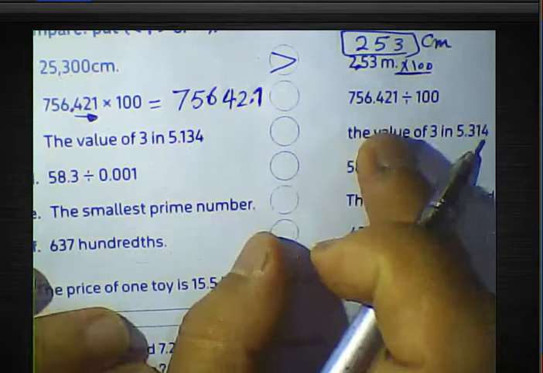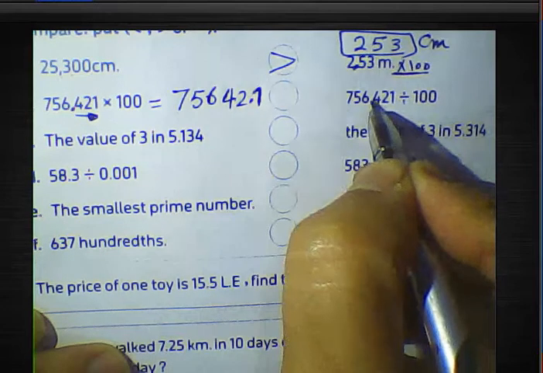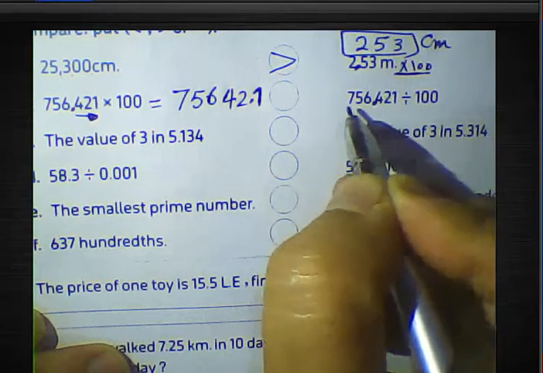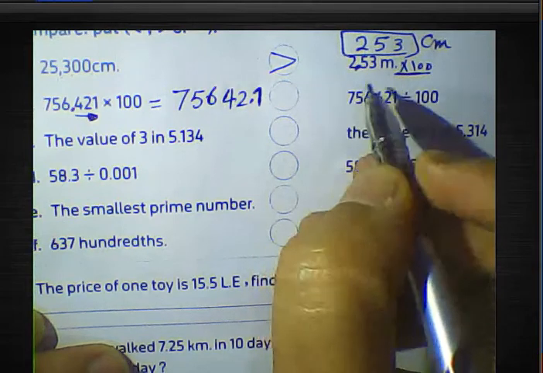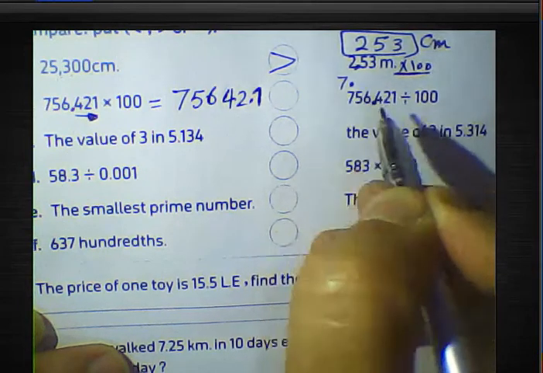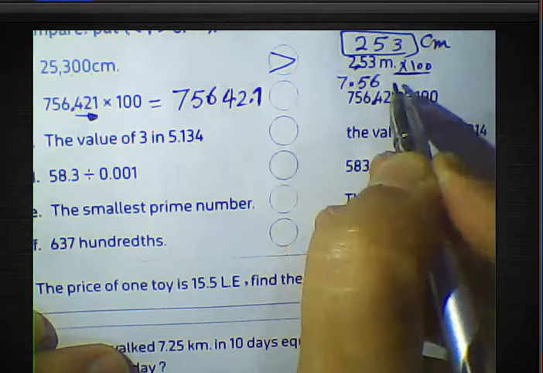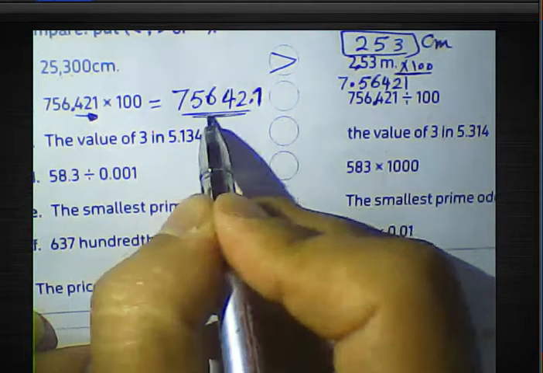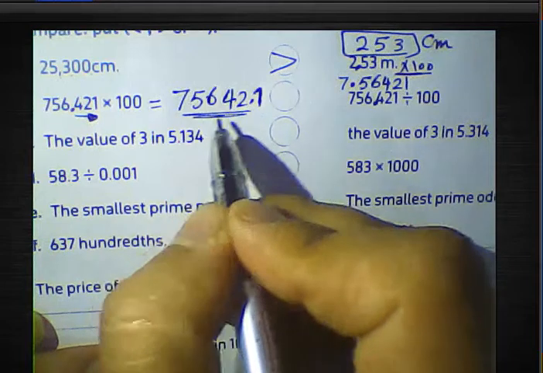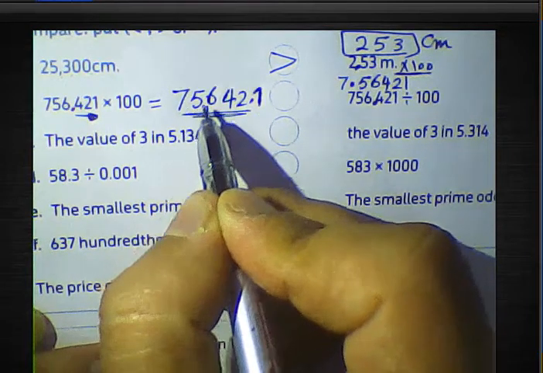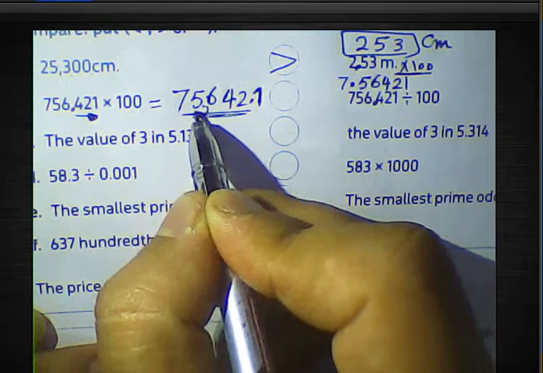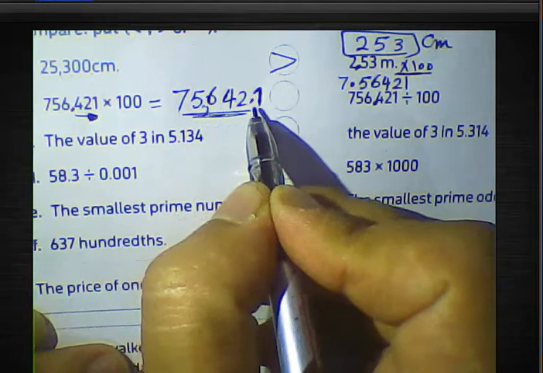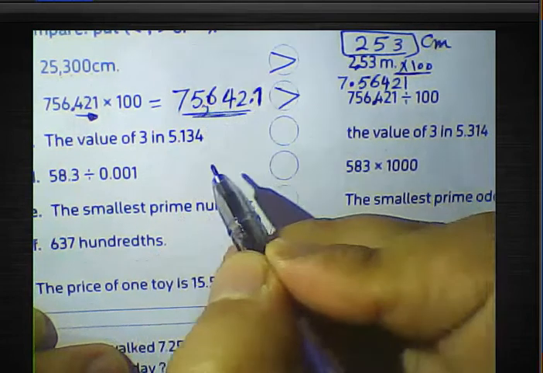And this number divided by 100, we can move the point to the left-hand side by two digits. So the result will be 5.56421. This number is greater than this number, because we have a number in the thousands here, 75,642 and 1/10. It's more than.